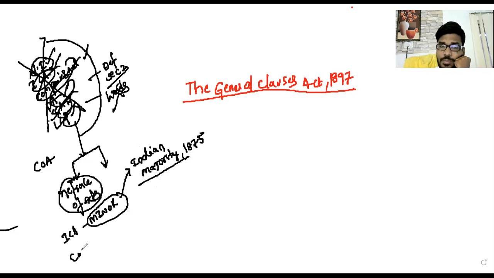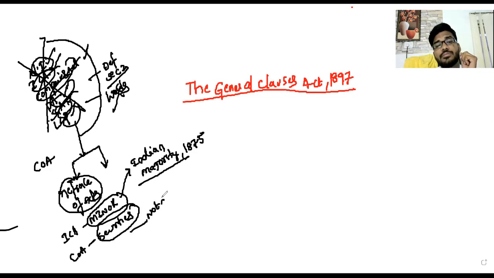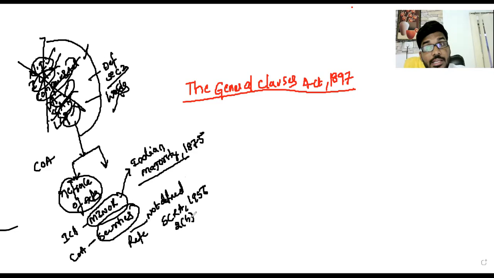In the case of the Companies Act, securities are not defined. They can give a reference to the Securities Contracts (Regulation) Act, 1956. Section 2, clause (h) of the Securities Contracts (Regulation) Act, 1956 defines securities.